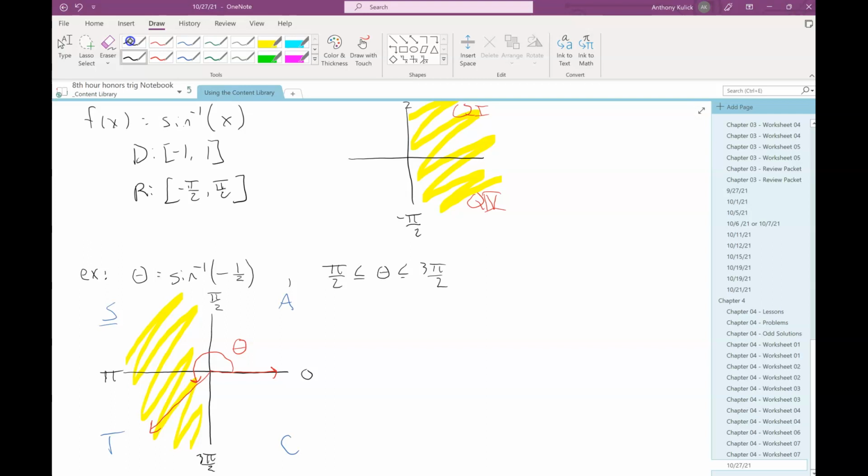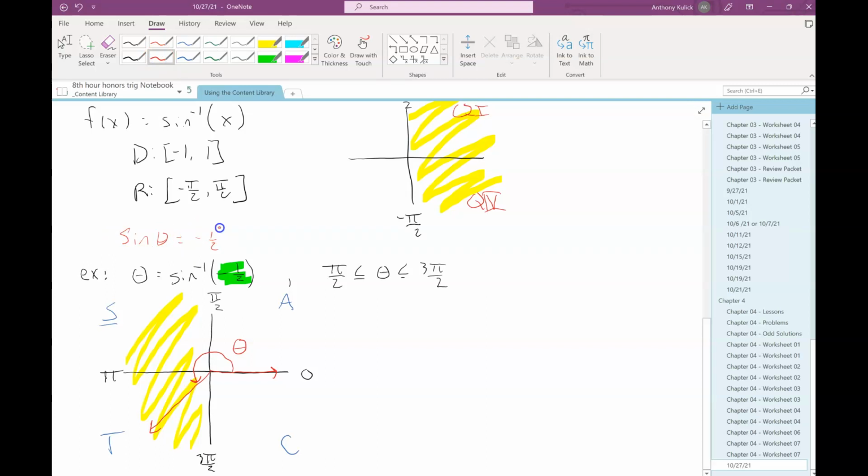Okay, but why would sine be negative if it was between pi over 2 and 3 pi over 2? Why would sine be negative? Because I have a negative number I'm taking the sine inverse of. Oh, okay. Isn't this equivalent to saying sine theta equals negative 1/2? Yeah, that's true.